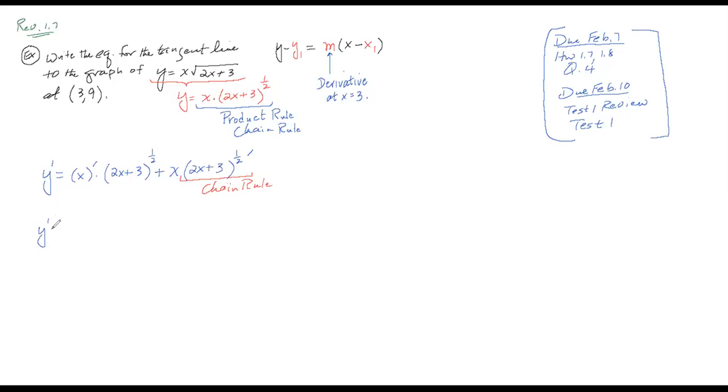y prime equals derivative of x is what? Help me, folks. What is the derivative of x? 1. 1 times (2x plus 3) to the 1/2, plus x times. Now let's do the chain rule here. Could you tell me what the chain rule for that is, please?